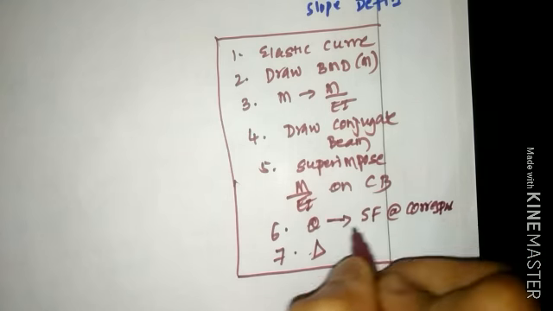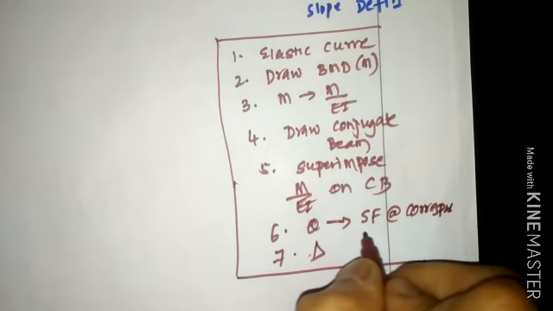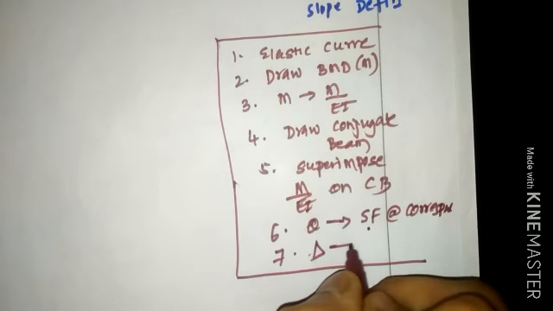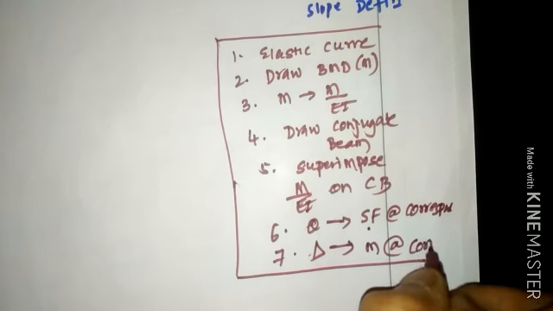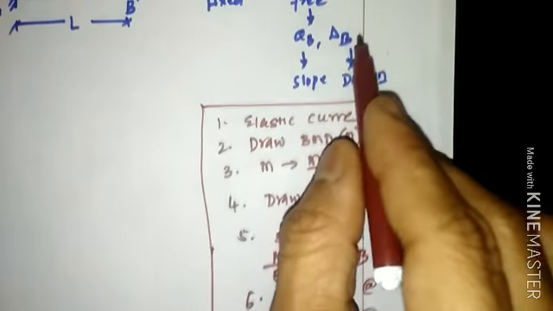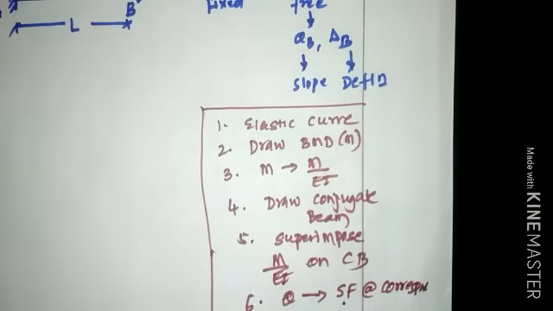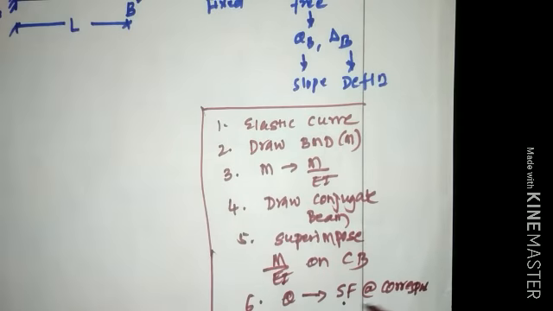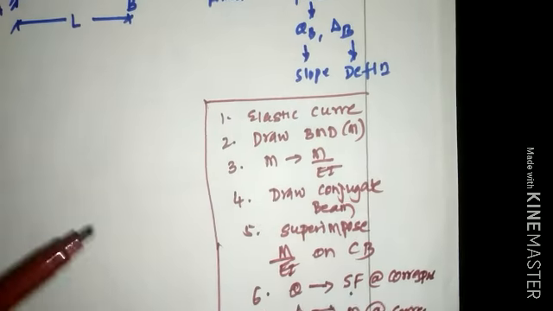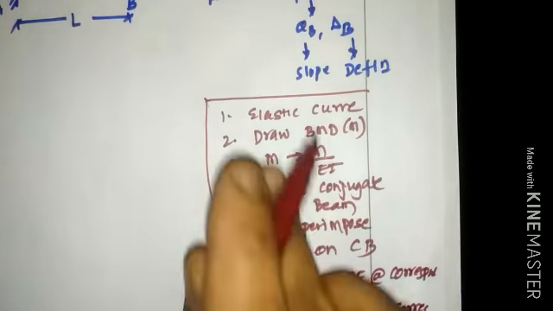So if I want to find slope at B, I need to calculate shear force at B. If I want to calculate deflection, I need to calculate moment at the corresponding section. So this is what we are going to follow.